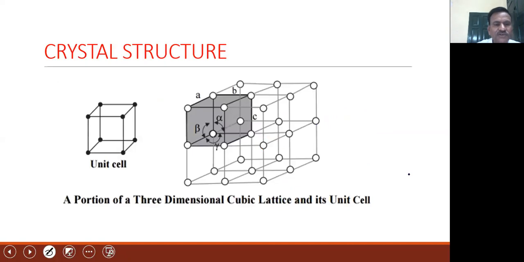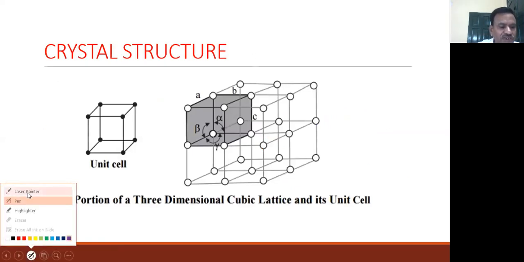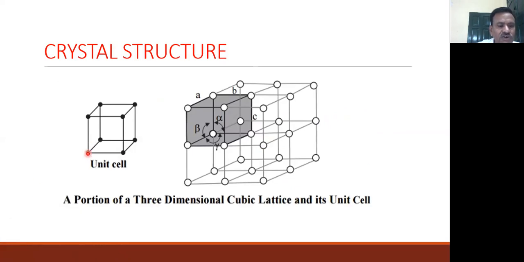Next. Now, this is the simple cubic structure. It has one corner, second, third, fourth, fifth, sixth, seventh, eighth corner.